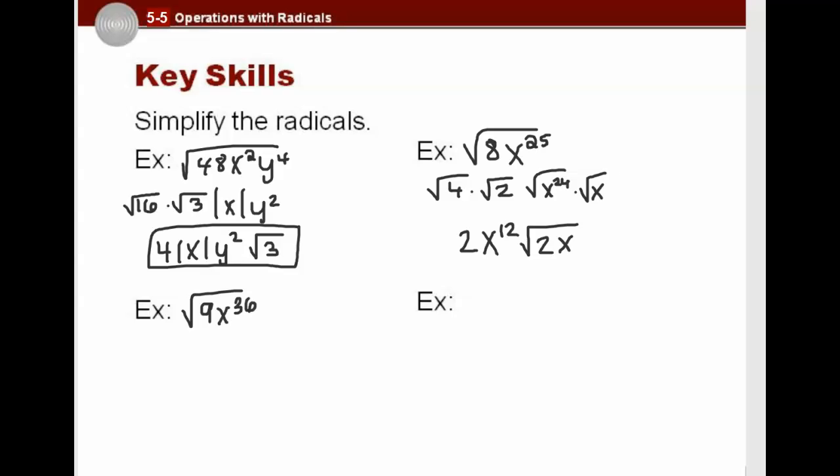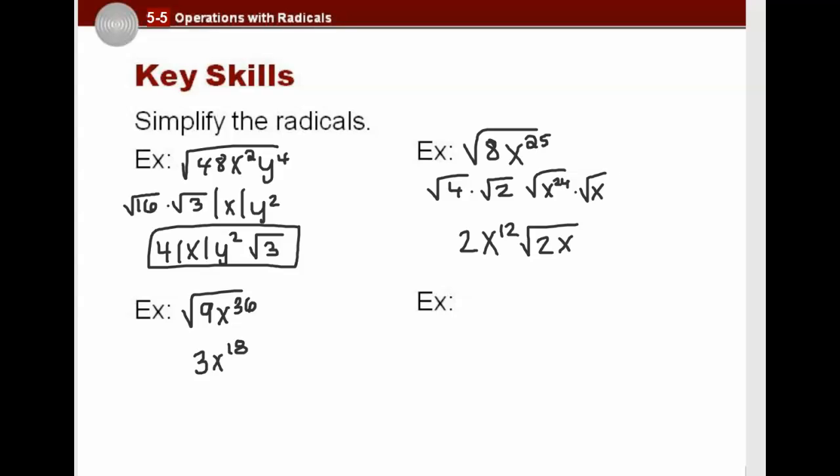Sometimes you get a perfect square with variables, and that variable is also a perfect square. So the square root of 9x to the 36 is considered a perfect square because the square root of 9 is 3. 36 is even, so you just divide that by 2 and you get x to the 18.